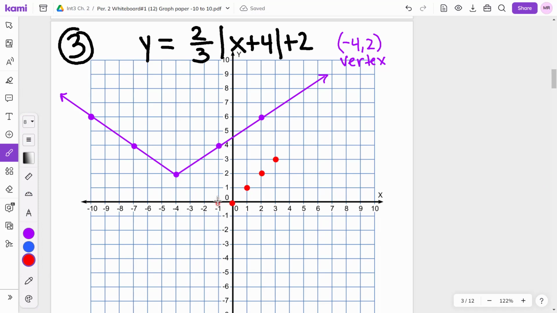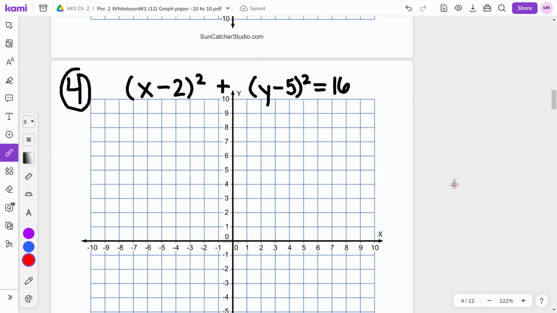The absolute value of -1 is 1. The absolute value of -2 is 2. The absolute value of -3 is 3, and so forth. So you see that what's happening is I'm going up 1 over 1 originally, because my stretch is really a 1. So here, when I have this 2/3, now I'm going to go up 2/3, up 2/3.